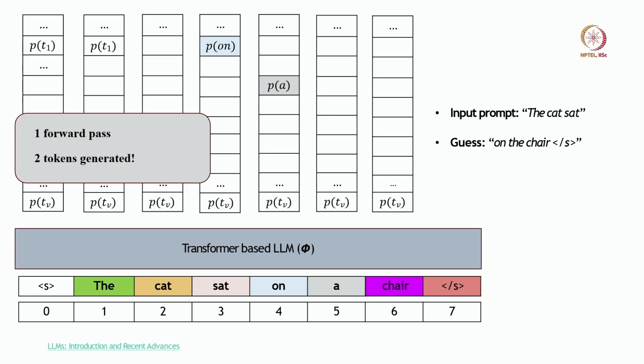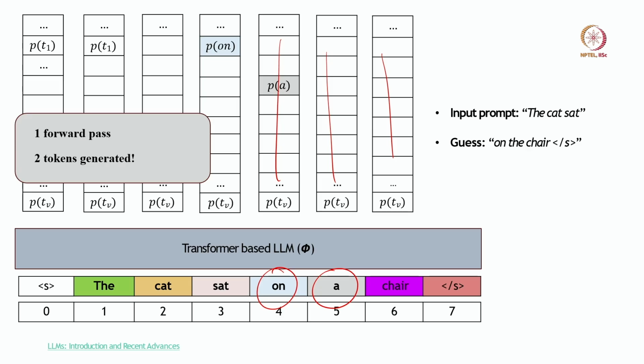And then again from "a" we will move forward, right. But here the beauty is we actually did just one forward pass. All these probability values are generated in one forward pass, and we are just matching whether the next token is correct or not. We did one forward pass, but got two tokens generated, correct. That is the beauty.